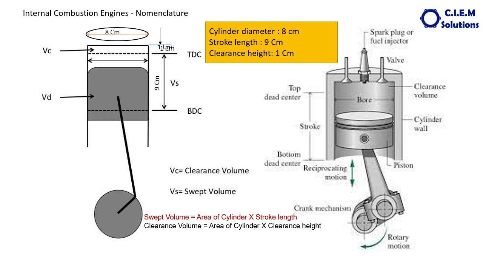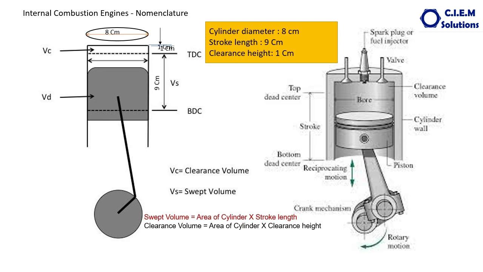Same way, the clearance volume above the TDC line, whatever the volume is not covered by the piston, because piston will not travel beyond TDC. This space is required to compress the intake air and also to act as a combustion chamber.